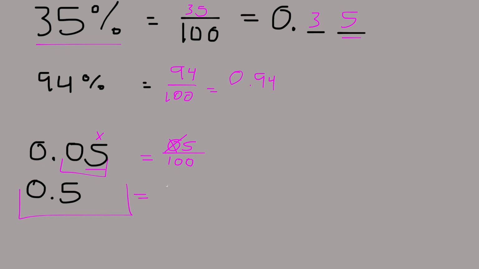If I wanted to write this as a fraction, I can write it as 5 over 10, and if I want to figure out what it is as a percentage, I would go over 100, so this would be 50 over 100.